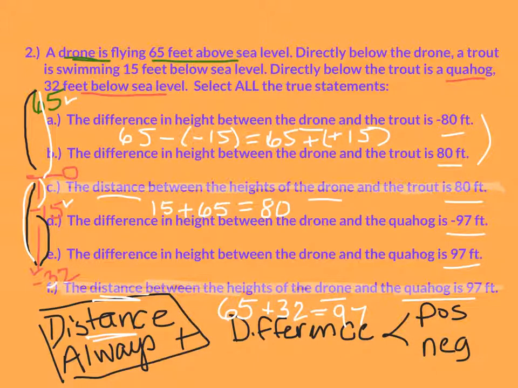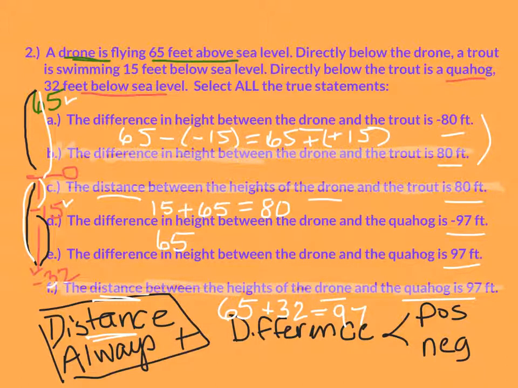Okay, and here it is. That is variable choice B. I know some of you want to say letter, but remember this is math class, they're all variables, even the ones we use to spell words. Okay, and then the next one, we've got the distance between the drone and the quahog again, well the drone again, so that's 65.